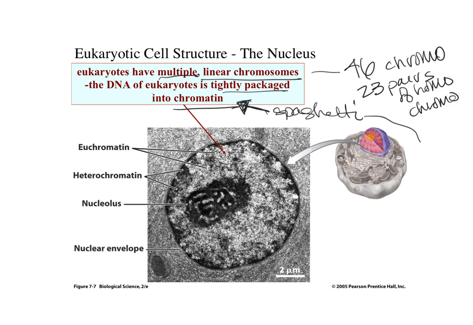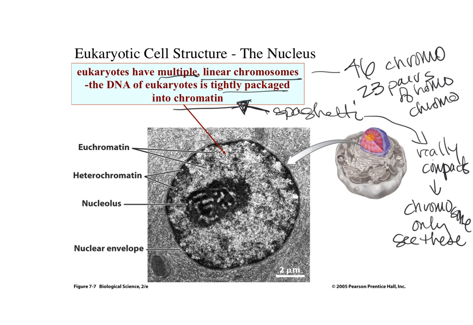And then it really compacts even more in order to see a chromosome. We only see these in mitosis and meiosis. We'll get to that. Okay, enough.